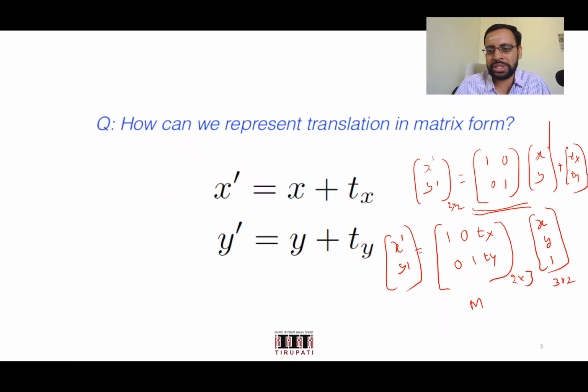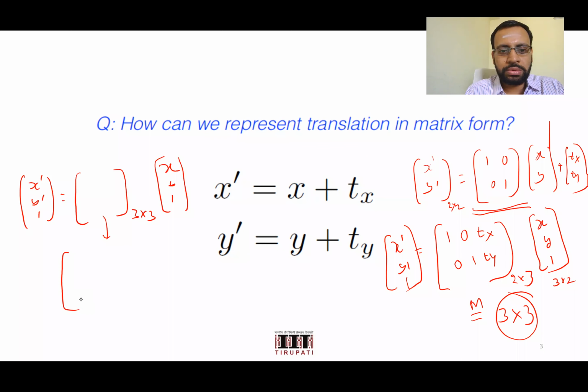Suppose I want to get a 3 by 3 matrix. To that end, I am okay to just put 1 here. Now can you rewrite it and tell me how that would look?